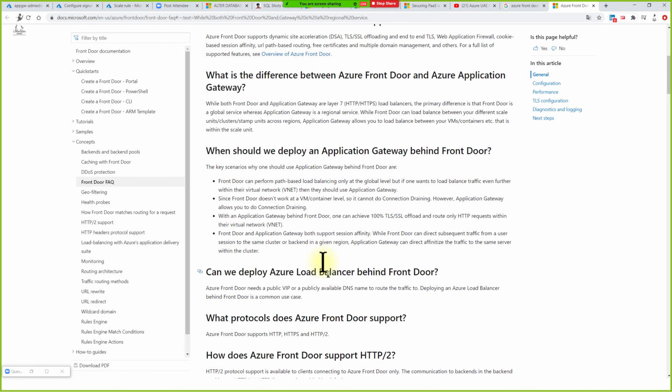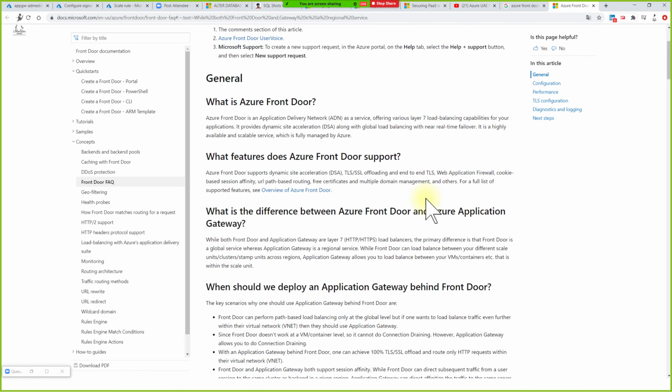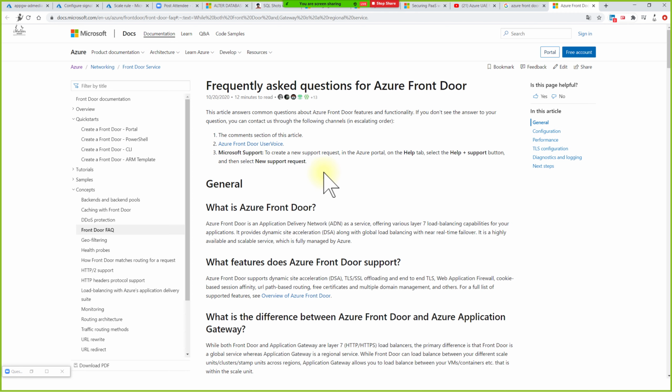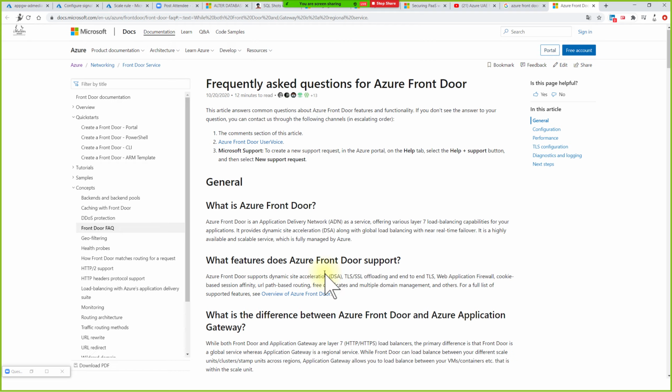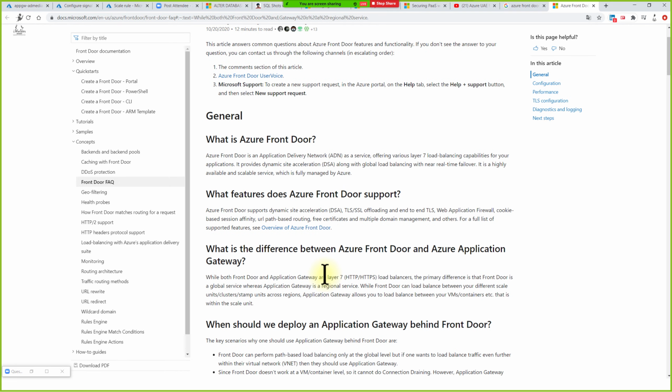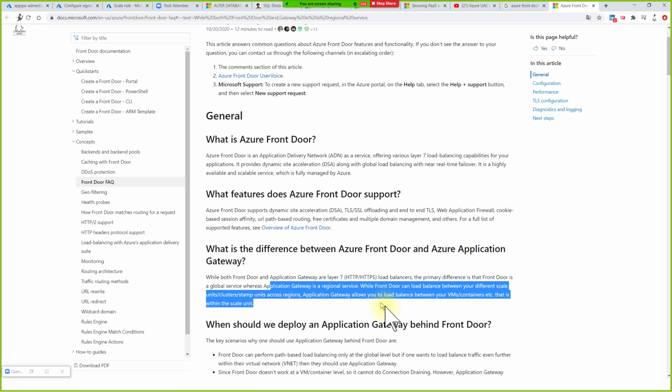I think if we look at it, these are two different choices: which one, Front Door or Application Gateway? It depends on your solution and whether you are planning to have different regions, etc. But again, your application should be prepared.